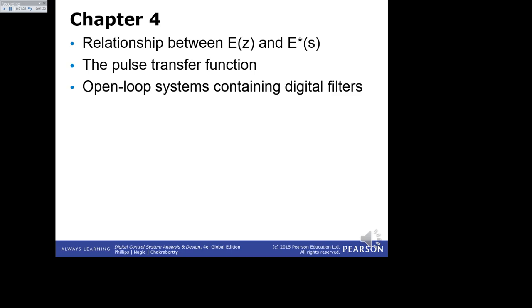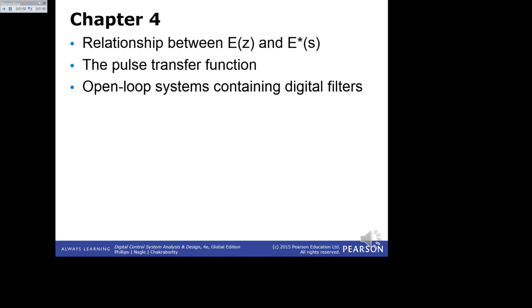In this chapter, this development will be utilized to derive analytical methods for open loop discrete time systems. The derivations are necessary. We are going to derive some formulas just like in the previous chapters, and these formulas will be useful also in analysis.